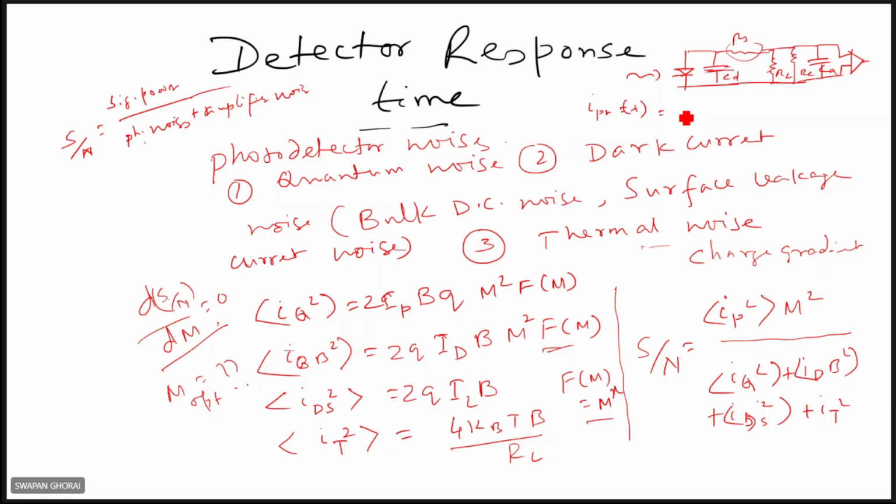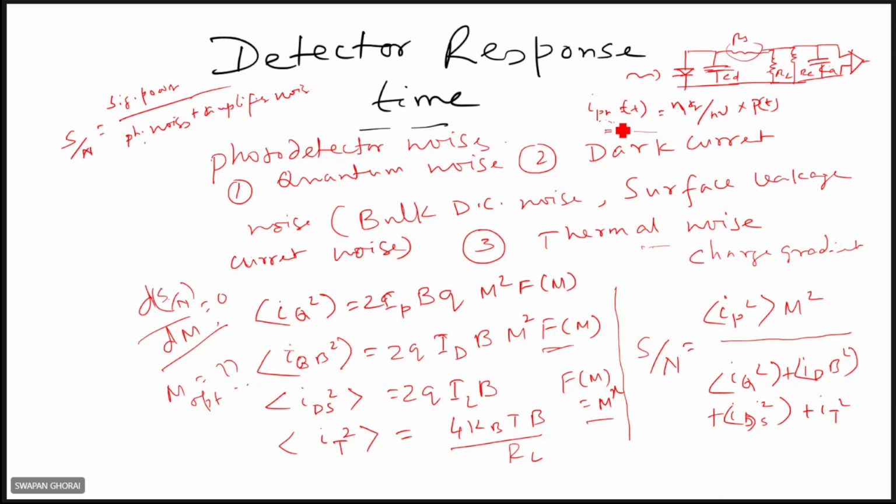That will be eta Q upon h nu times P, the power falling on the photodetector. Right, because that is the definition of efficiency: IP by Q divided by P by h nu, that is the number of carriers generated by the number of photons incident. So from this you can find this photocurrent, and this photocurrent consists of two components: the signal component and the DC component.